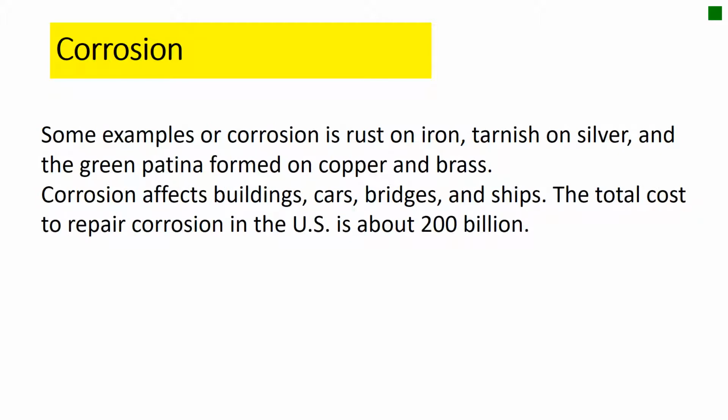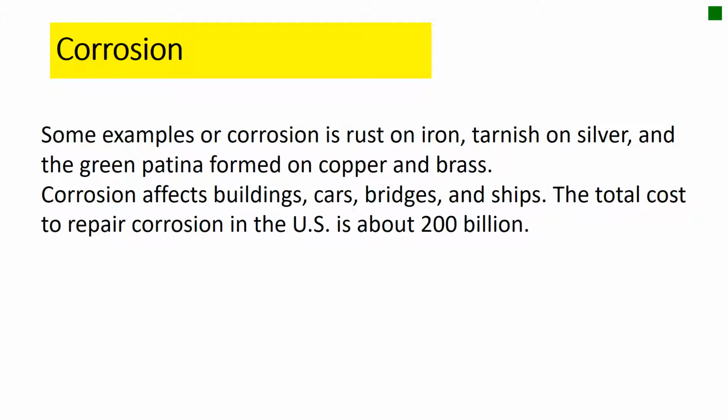Corrosion is something big here in the United States, because like I was mentioning, it affects buildings, cars, bridges, ships, and basically everything that has metal. It affects the United States economy by costing about $200 billion to repair all of the corrosion that's happening, and we really don't see it.